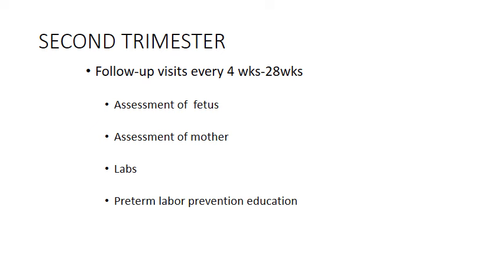Of course, we do preterm prevention education and ultrasound to evaluate the fetal anatomy, and that's best done at 18 to 20 weeks. So you can see early on in pregnancy there's a lot of testing that goes on, and it's important for genetics and just to see if the baby's growing and the organs are normal, and to decide if there's any problems that can be addressed or prevented later on.